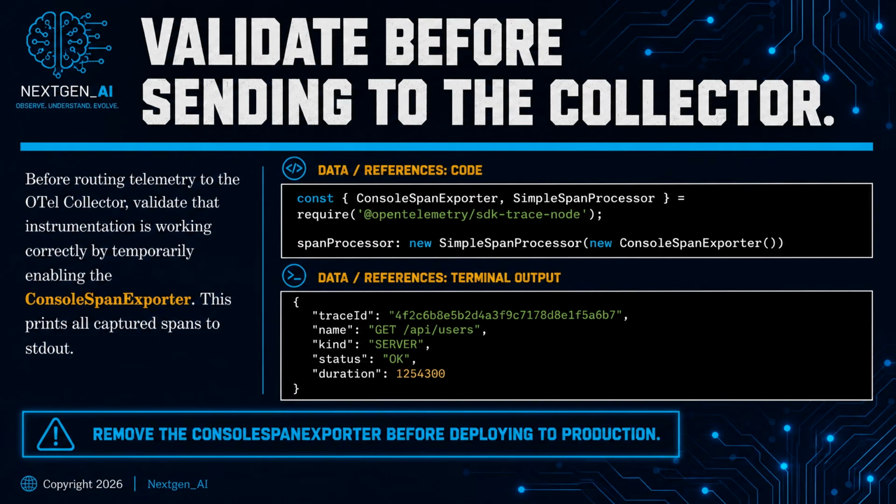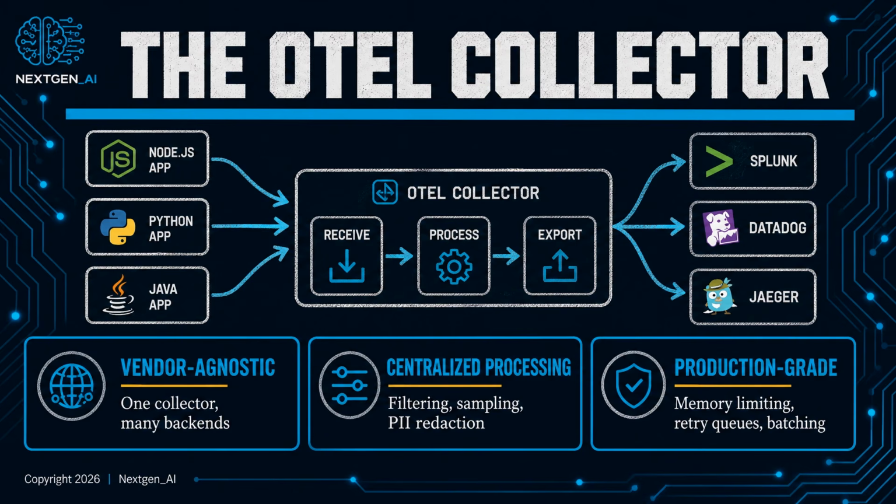Now that your application is generating telemetry, we need to talk about what happens to that data before it reaches Splunk. This is where the OpenTelemetry Collector becomes the most important piece of your observability architecture. The OpenTelemetry Collector is the architectural linchpin of a modern observability strategy.